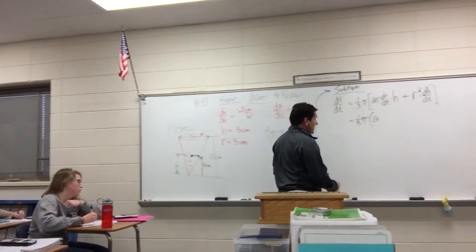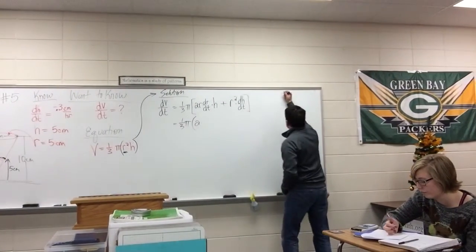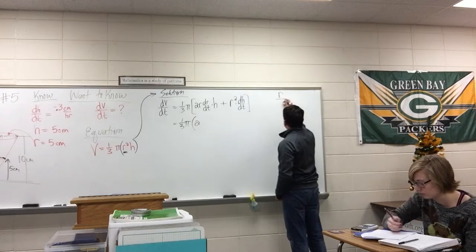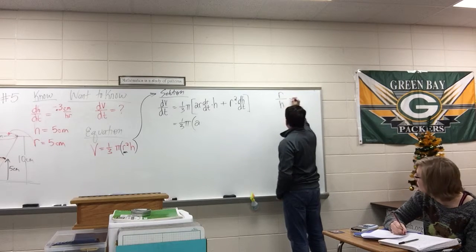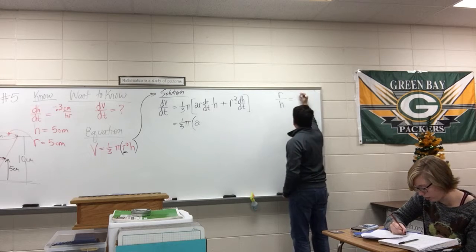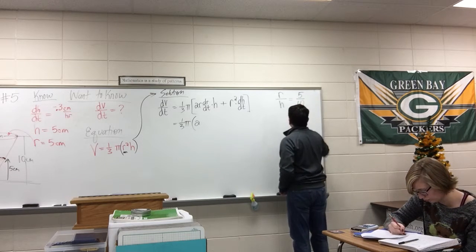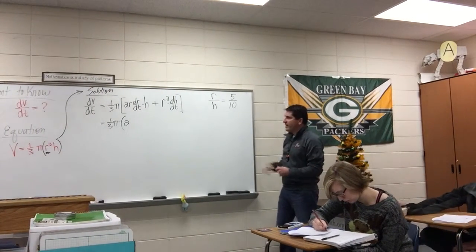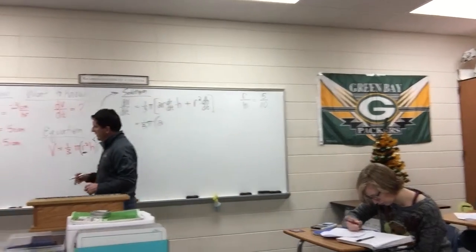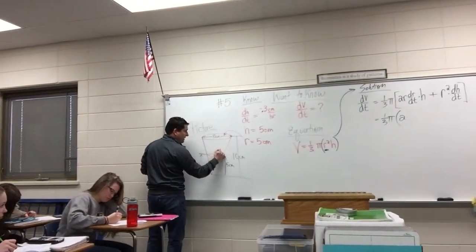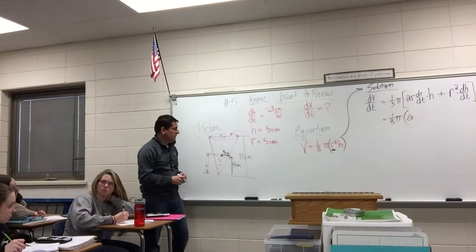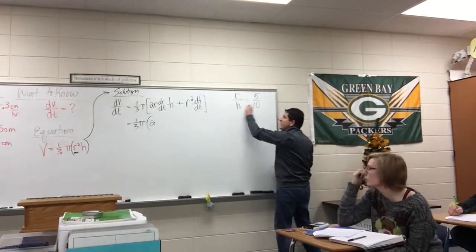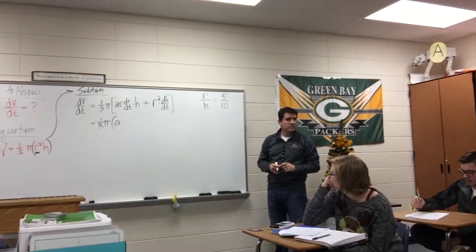We can identify that in the initial one, the ratio of the radius to the height was equal to 5 to 10. Right? And that ratio stays constant here. So we're actually in good shape. This as 5 centimeters is correct. If it was something other than 5 centimeters that was harder to do, we would just plug in what we knew and then solve to get the other one.